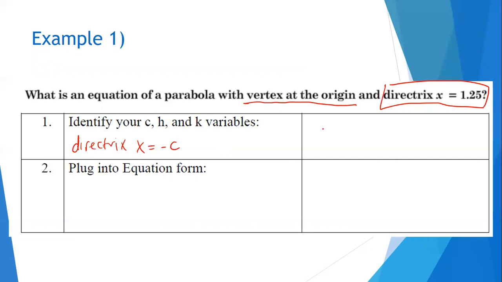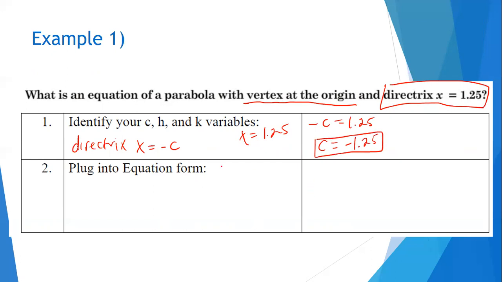So for the problem that we're given, our x equals 1.25. If they're both equal to x, then that means that they have to be equal to each other. And so therefore, c equals negative 1.25.